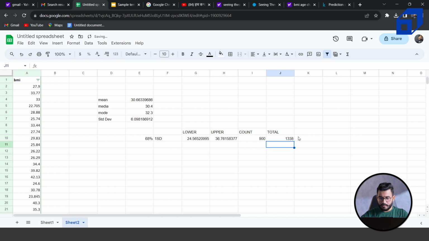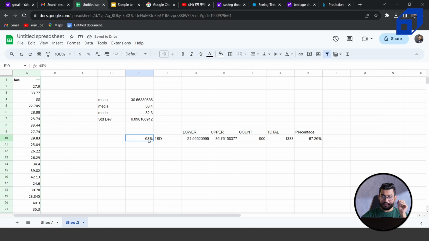Now let's calculate the percentage. My percentage is equal to count divided by total, and this is 0.67. If I convert this into percentage, it is 67.2%.